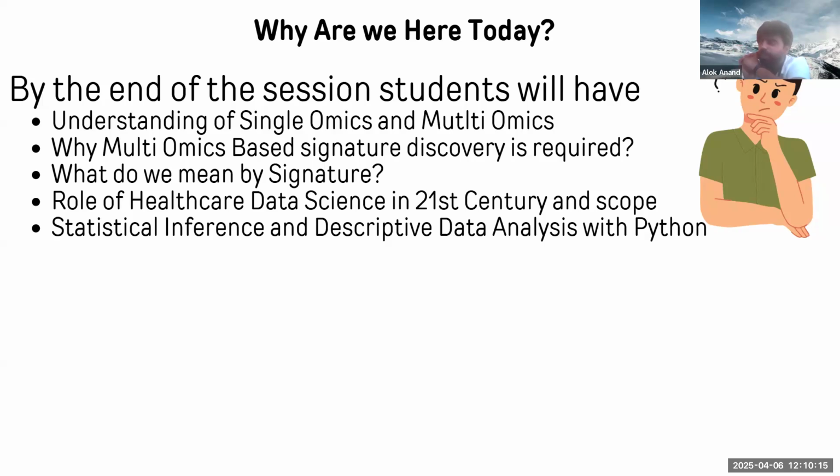And in that process, a lot of epigenetic changes, environmental factors and other things play their role. So how can we understand biology at a system level? In that direction, multi-omics is nowadays preferred a lot.